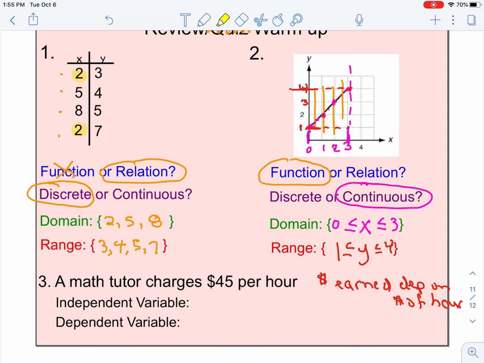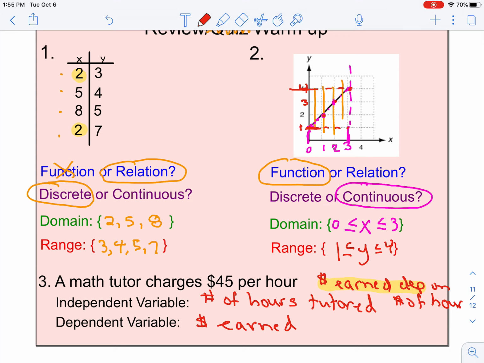So again, money earned is your dependent variable. So the dependent variable is the money earned, and the independent variable is the number of hours tutored.